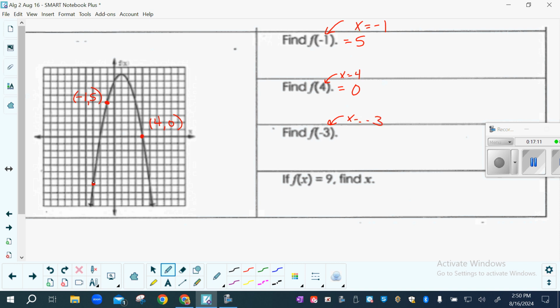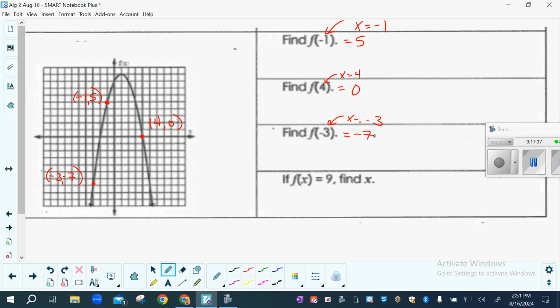It's a little hard to see when that slope is so steep. So what's that y value there? 1, 2, 3, 4, 5, 6, 7. So that is equal to negative 7.